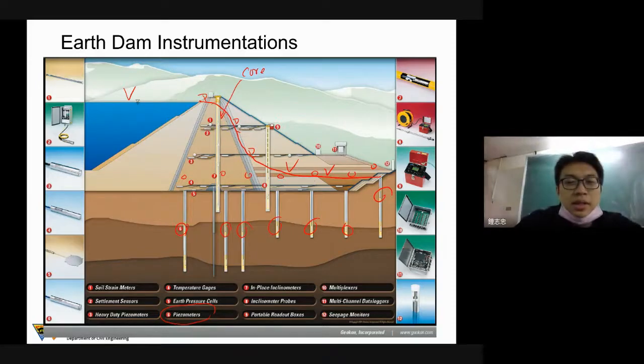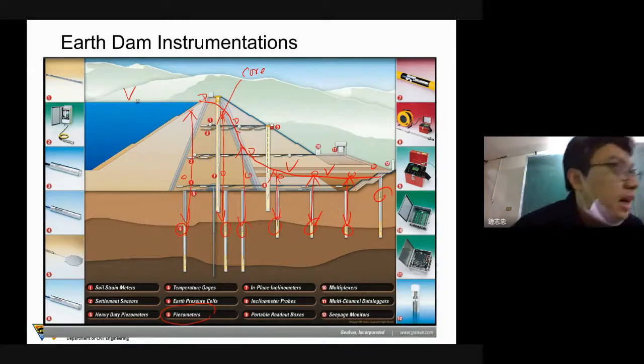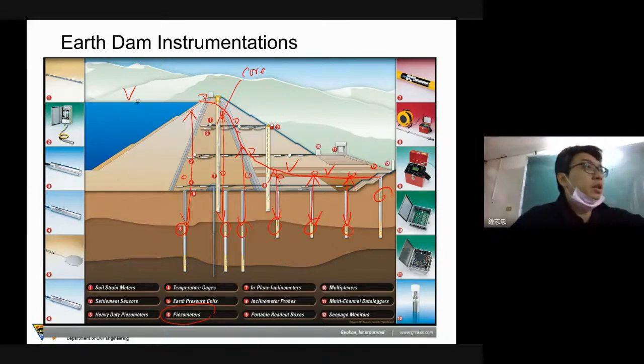Okay, so we can measure the water pressure at different locations. And later in this class, we may have some data interpretation to make sure whether your monitoring result is good or not. Okay, so this is the piezometer for the first.